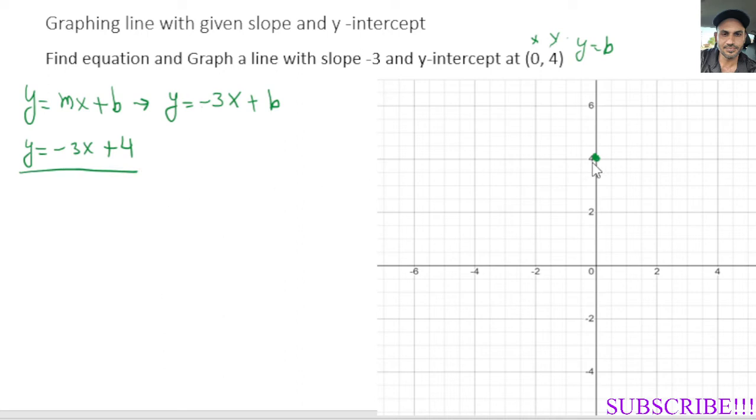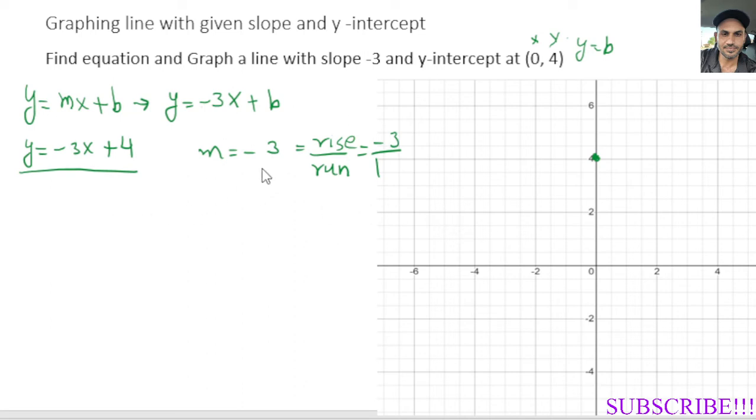Now we can go ahead and use our information on the slope. It's -3. So when m equals -3, that means your rise over run equals -3. So for every one unit in the x direction that we move, our line is going to fall down 3 units in the y direction.